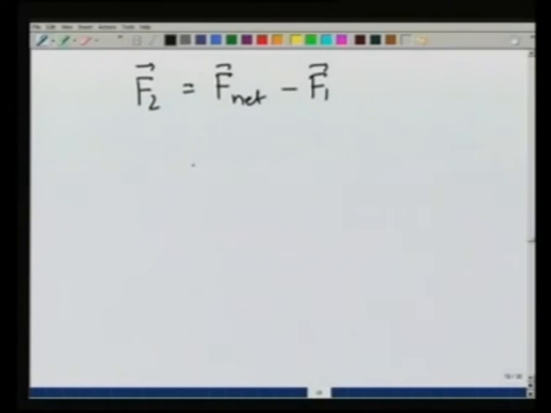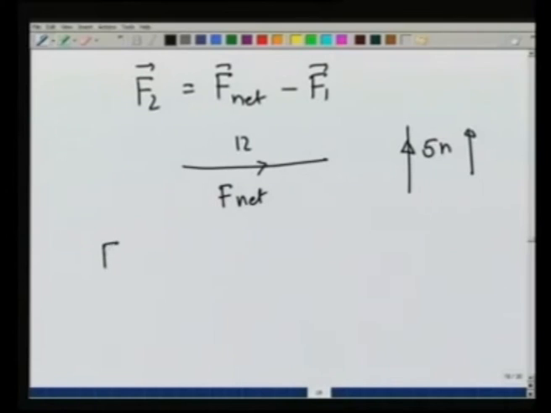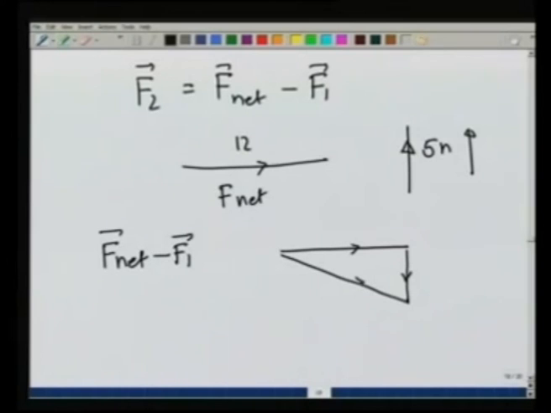We have been given that F net is 12 newtons to the east. F 1 is 5 newtons to the north, and therefore, F net minus F 1 is going to be directed towards the south, and this would give me F 2.